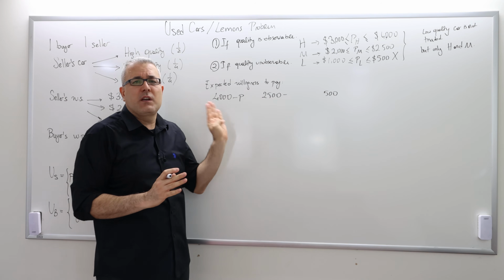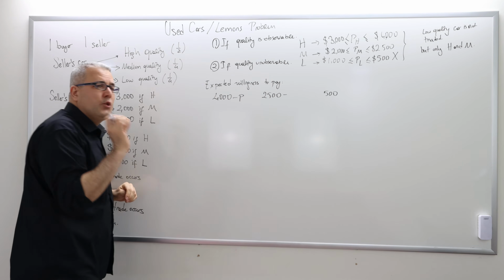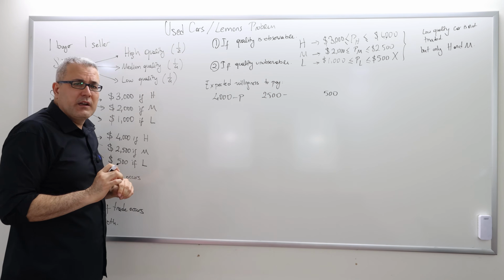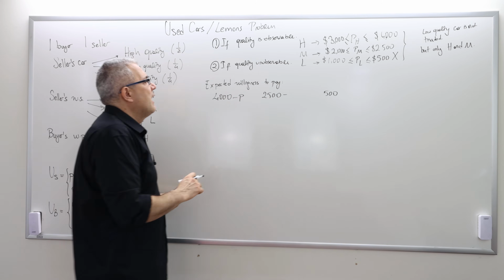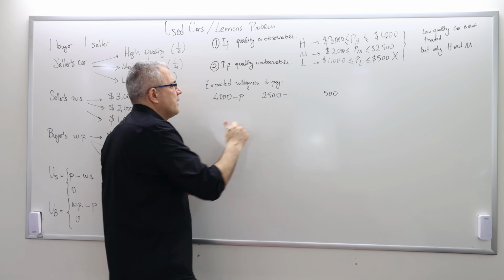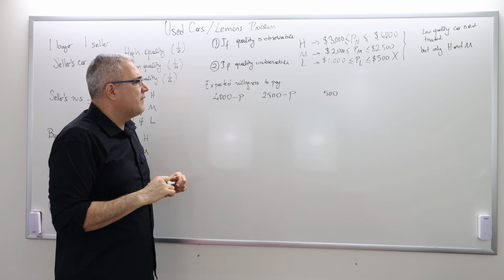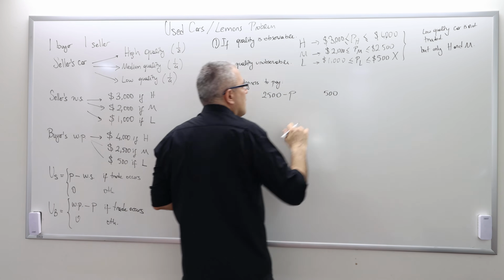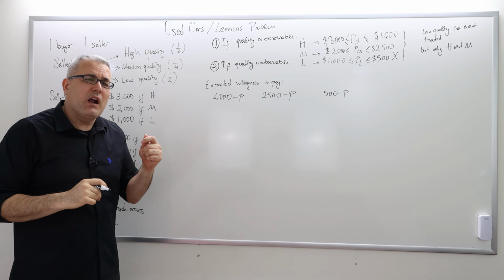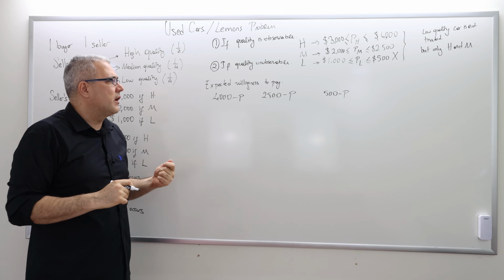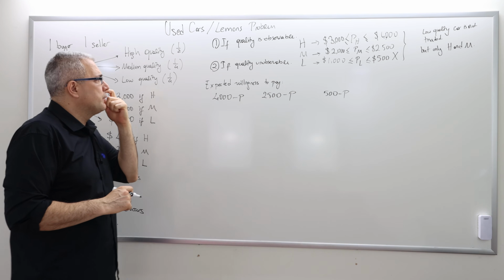So the price of the car is P dollars, let's say. So this is the net utility of the buyer if they make a trade and if the car is high quality. This is going to be his net realized utility if the car is medium quality. And this is his utility if the car is the lowest quality. These are the realized utilities, net utilities.